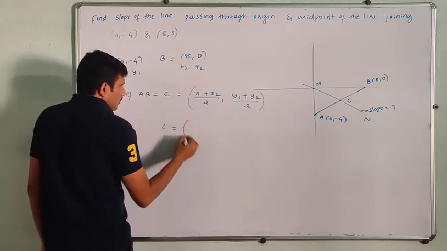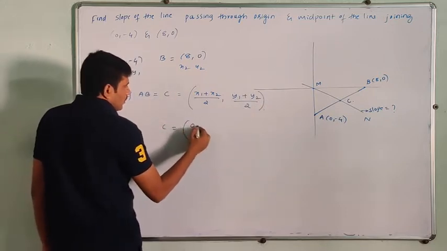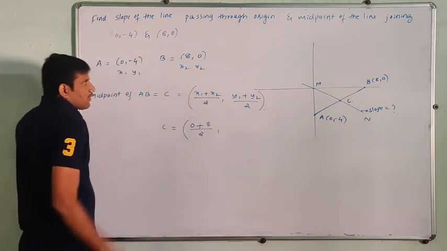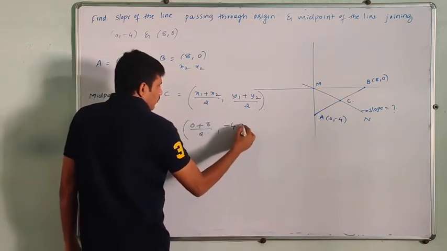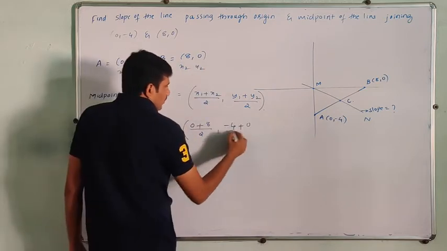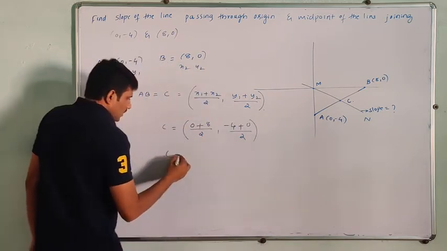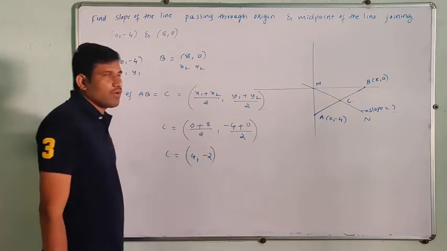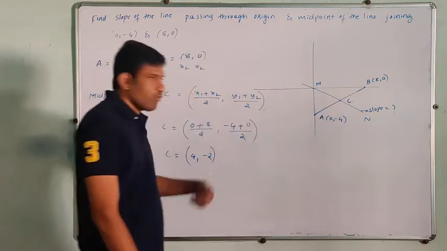So C is equal to 0 plus 8 divided by 2, and minus 4 plus 0 divided by 2. So 8 by 2 is 4, and minus 4 by 2 is minus 2. Now the coordinates of C are 4, minus 2.